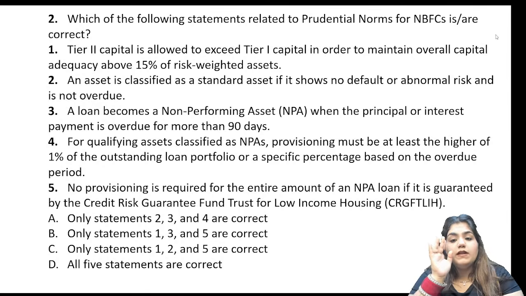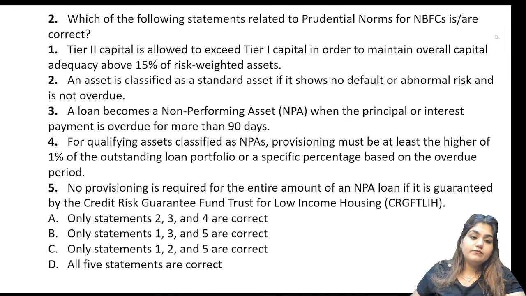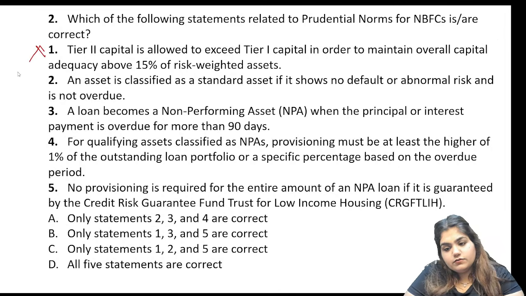Tier 2 capital is not allowed to exceed the Tier 1 capital. Tier 2 capital cannot exceed. So statement number 1 is incorrect. Statement number 2 is correct. Statement number 3 is also correct. Statement number 4 is also correct. Statement number 5 is not correct.